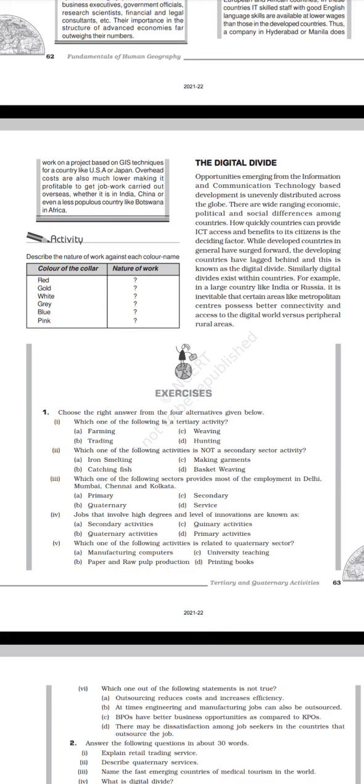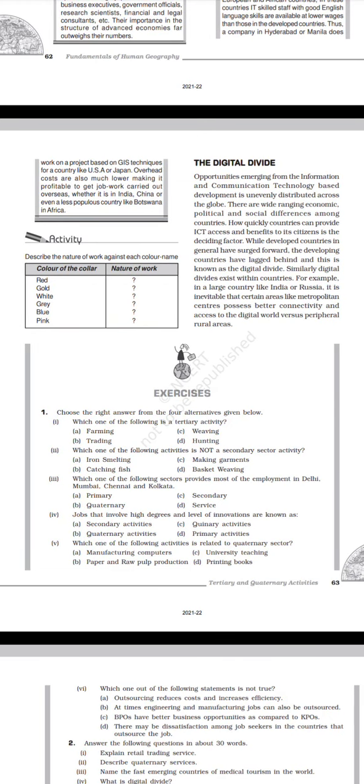While developed countries in general have surged forward, the developing countries have lagged behind, and this is known as the digital divide. Similarly, digital divides exist within countries. For example, in a large country like India or Russia, it is inevitable that certain areas like metropolitan centers possess better connectivity and access to the digital world versus peripheral rural areas.